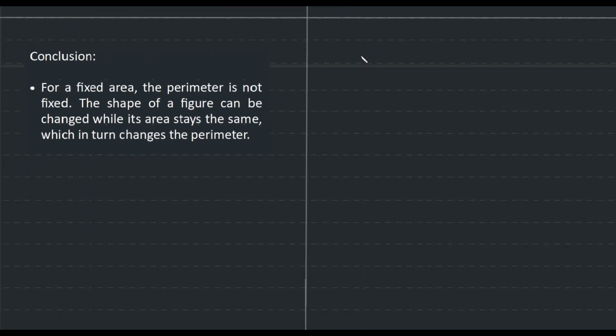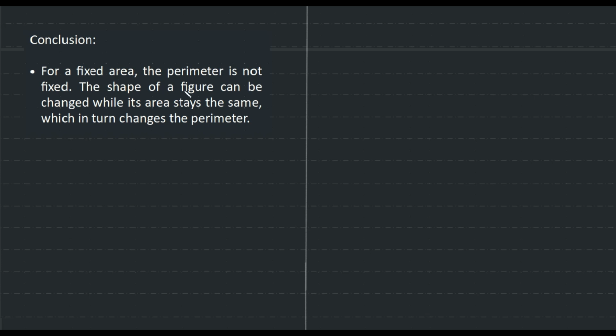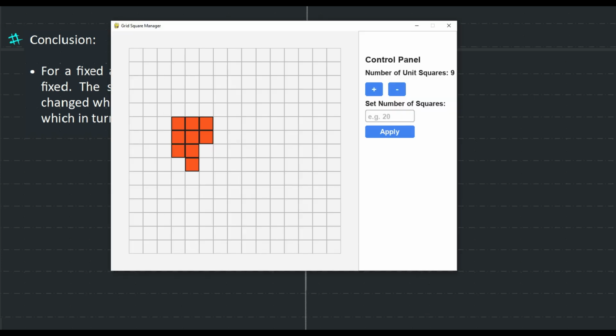So the conclusion will be what? The conclusion is that for a fixed area, the perimeter is not fixed. The shape of the figure can be changed while its area stays the same, which in turn changes the perimeter. So this is the conclusion. I hope you guys were able to see this as well.